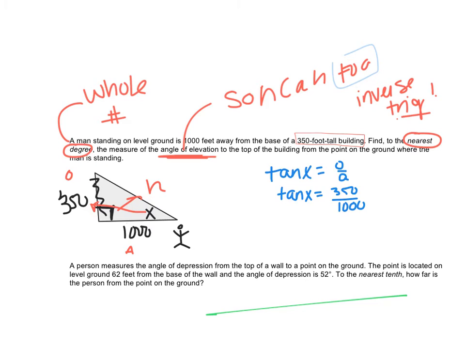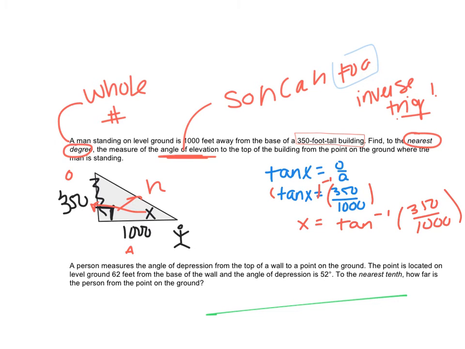And now I only have one more step. I take the inverse of both sides. So I get X equals tan to the -1, or arctan, or inverse tan of 350 over 1,000.